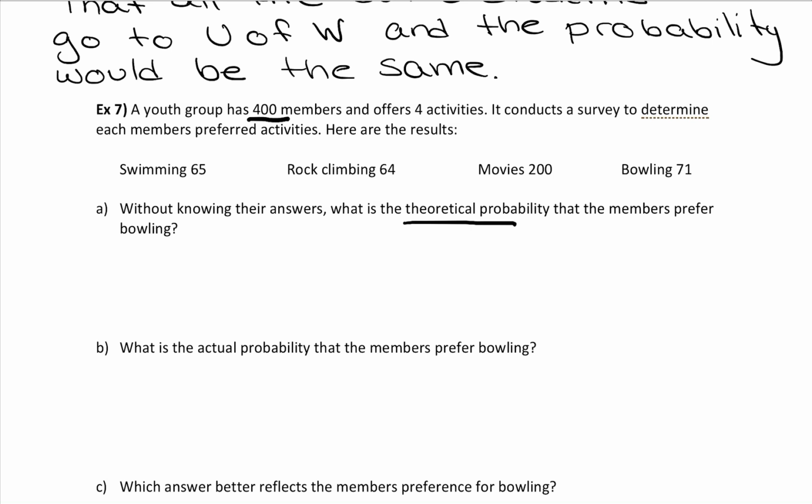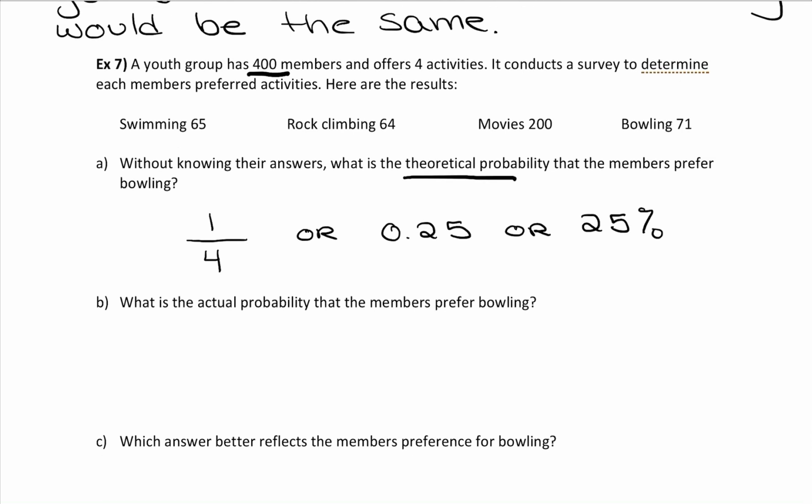So theoretical probability is not based on data. So all we know is that there is a total of 4 activities: swimming, rock climbing, movies, and bowling. We want to know the probability they prefer bowling. Out of the 4 activities, how many are bowling? Just one of them. So 1 out of 4, or 0.25 as a decimal, or 25%.